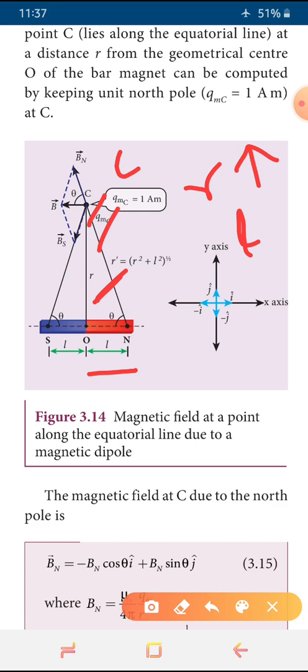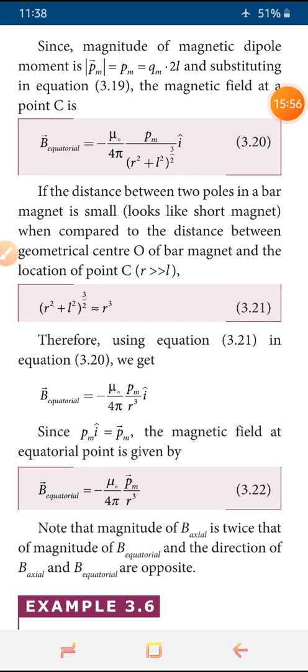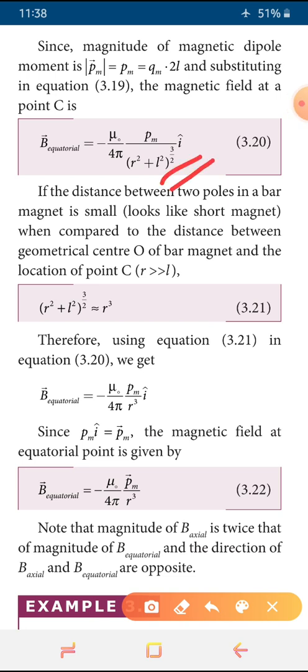So when we compare this, L will be negligible. R stands here. L is negligible because R is a greater distance. So with the greater distance, L is negligible, and in this equation 3.20, r square plus L square whole power 3 by 2, the L square will be removed. Then we get R cube.